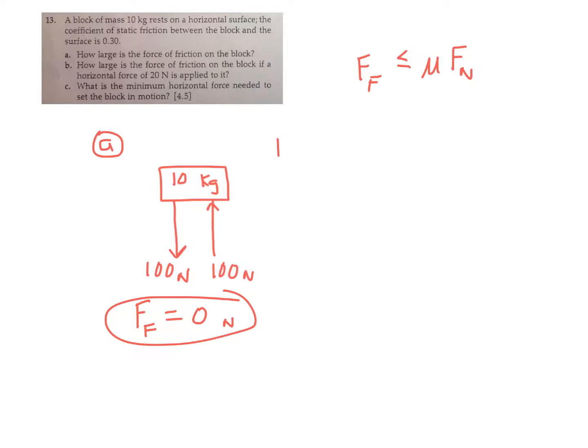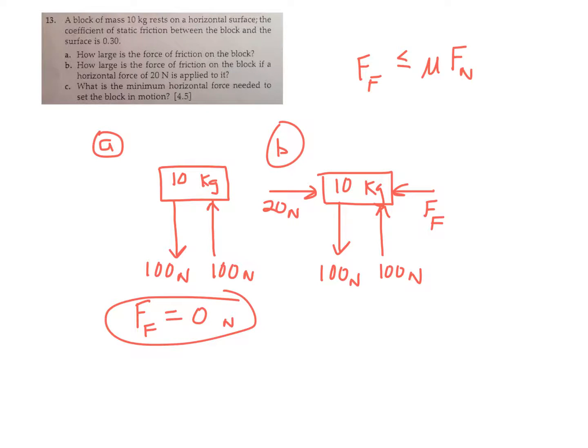Now, part B, same block. Here's the full free body force diagram. You're pushing with 20 newtons now. Let's see if friction actually can keep it there, because static friction has a maximum. So if I go to the top up here, the maximum force of friction is when we put the equal sign in there.